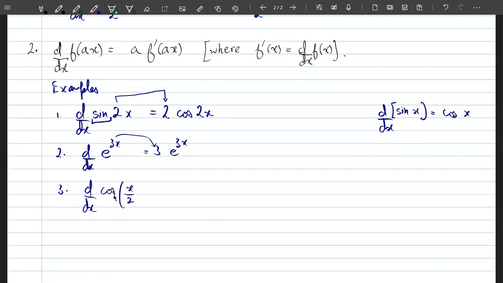Cos of x by 2. So this will be half times minus sine. So minus half times sine of whatever is there. X by 2 is there. Here also you have x by 2. So that 1 by 2 is a constant that has come out, and this minus is from differentiating cos. It's not from anywhere else.